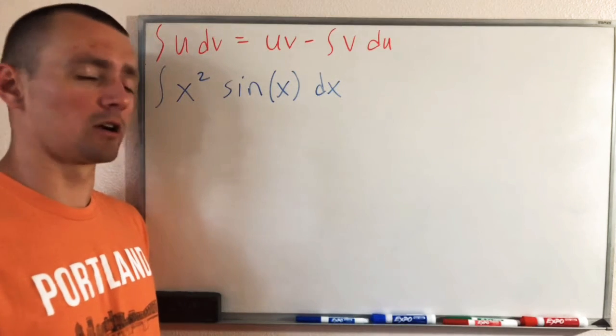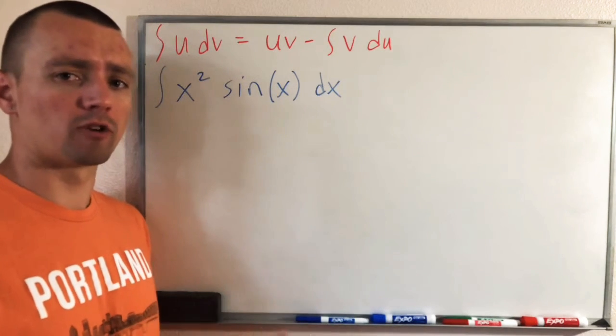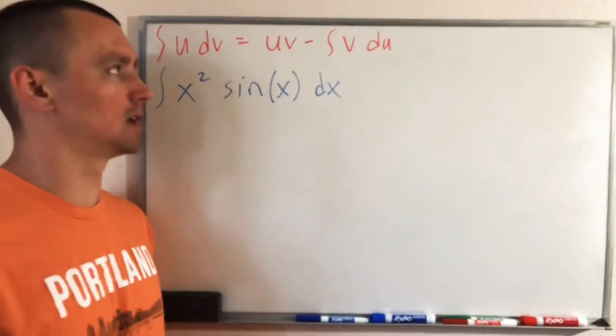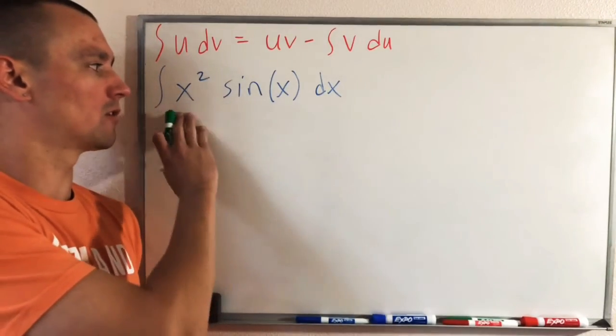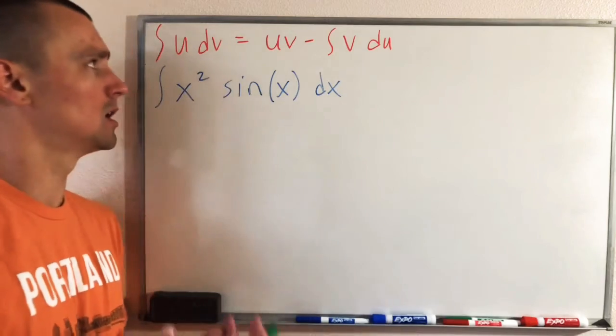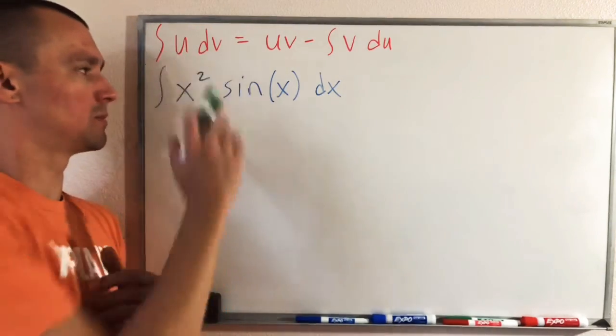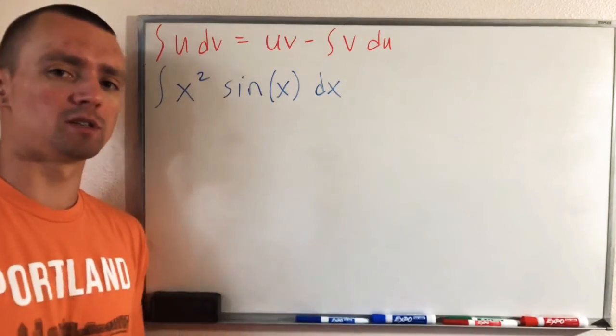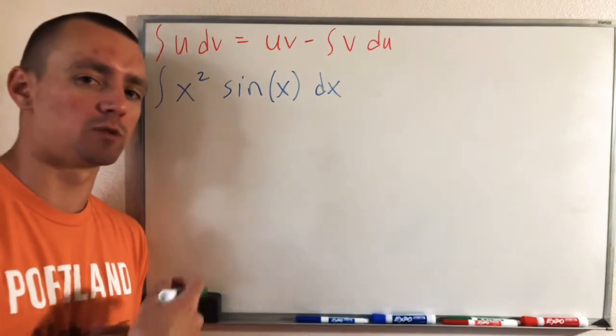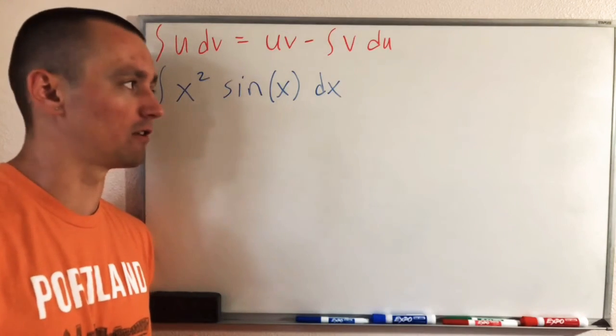But like any other integration by parts problem, the first thing you want to do is designate which piece of your function that you're trying to integrate is going to be u and which is going to be dv, or in other words, which piece you'd rather take the derivative of and which piece you'd rather find the antiderivative of.